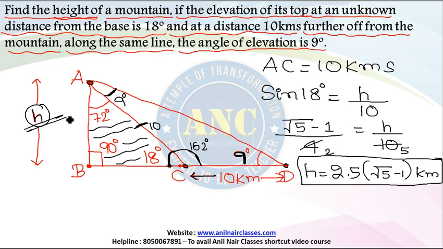We are very comfortable with 3 angles: 30 degree, 60 degree and 45 degree. If the triangle is 30, 60, 90, or if the triangle is 45, 45, 90, we are very comfortable with the ratios concept, wherein we have solved so many questions by now using the ratios concept for such kind of problems.